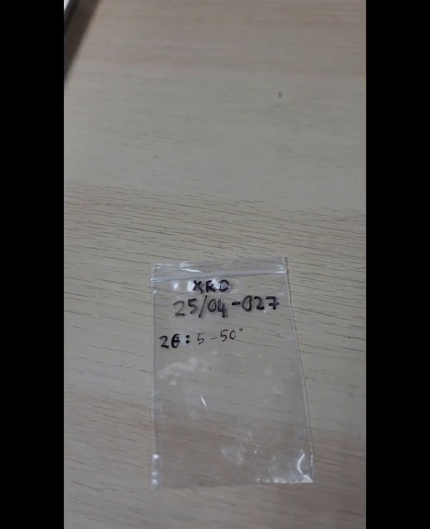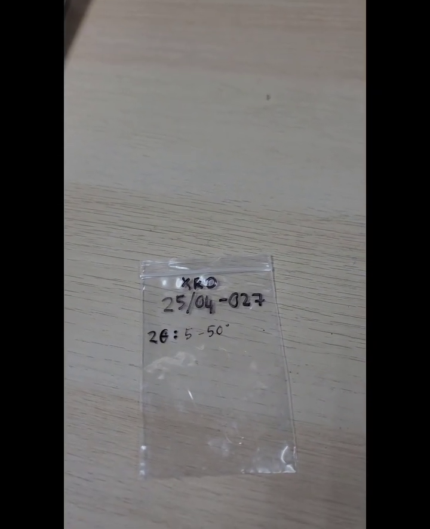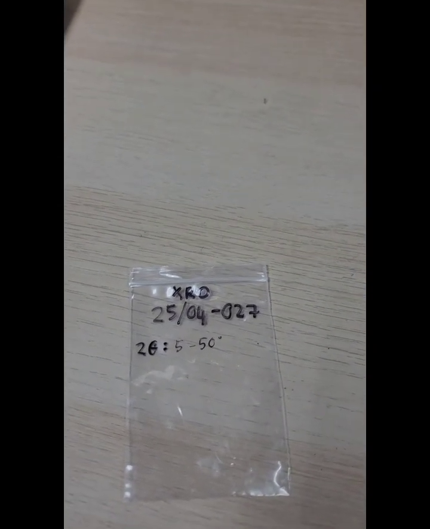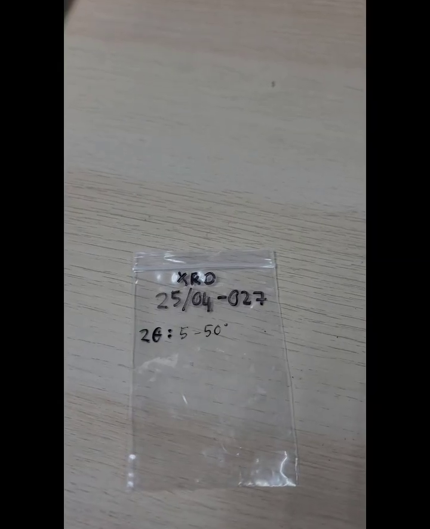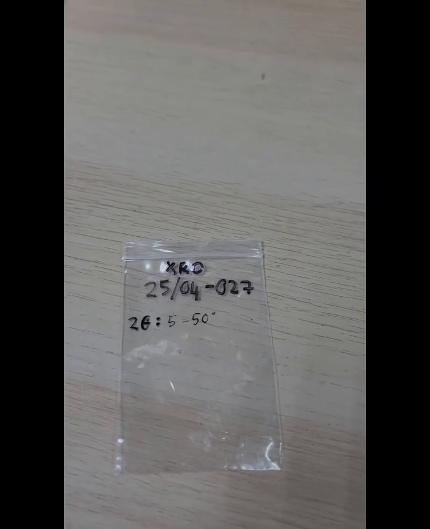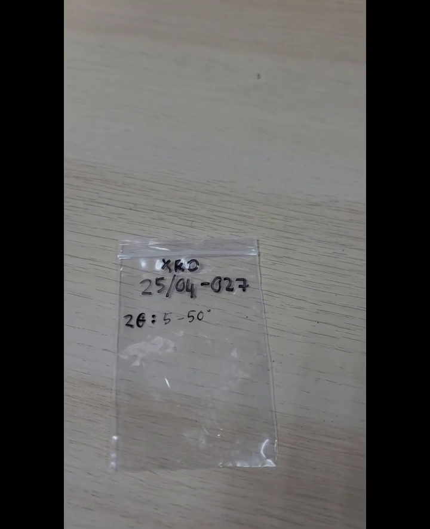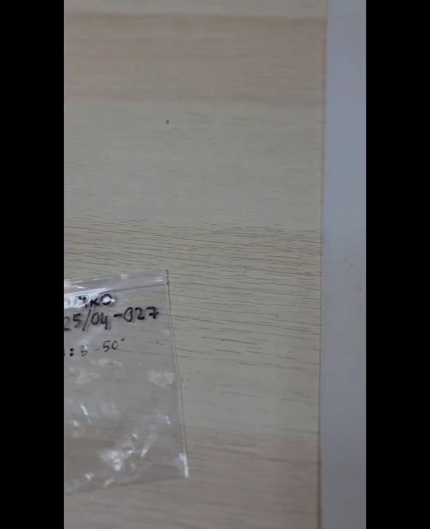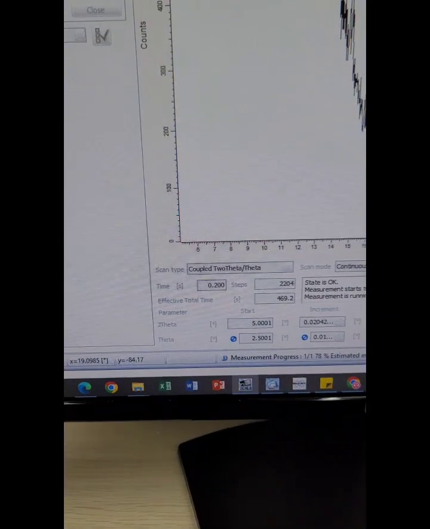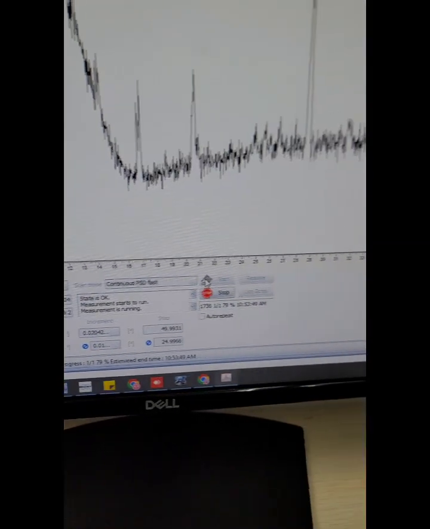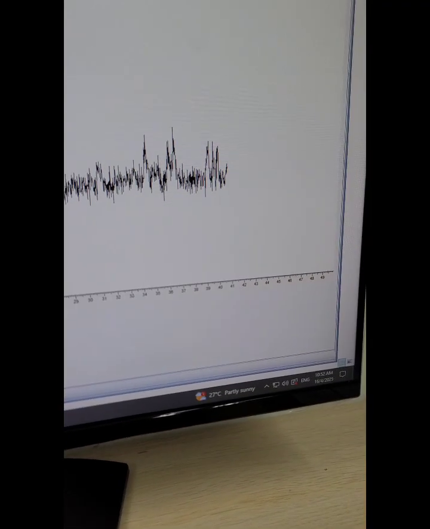As you see, the previous article mentioned that the theta, or the angle, of this characterization starts from 5 to 50. Therefore, the x-axis will start from 5 and reach 50.